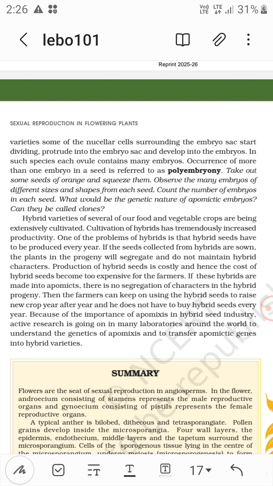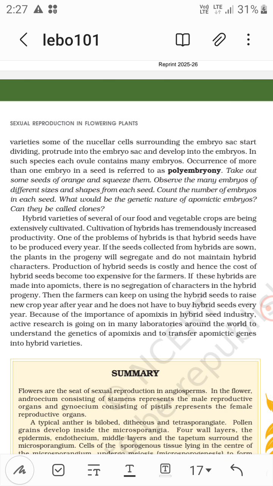Okay, if these hybrids are made into apomictics, there is no segregation of characters in the hybrid progeny.